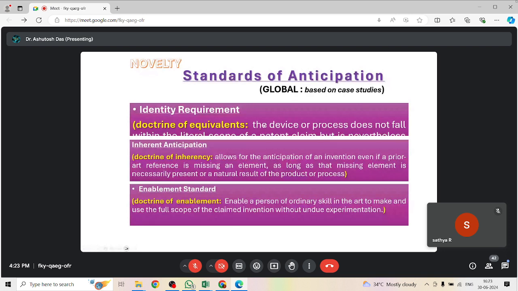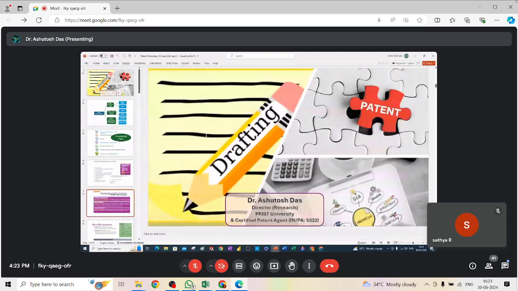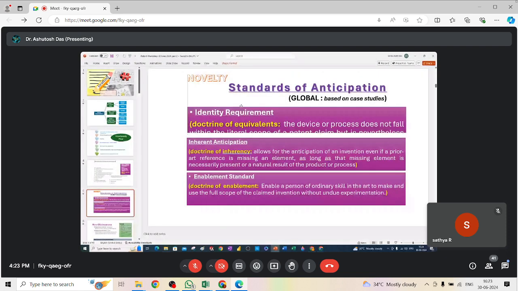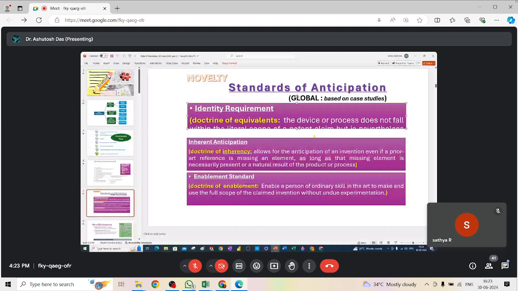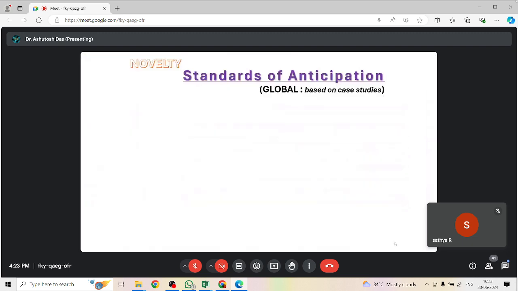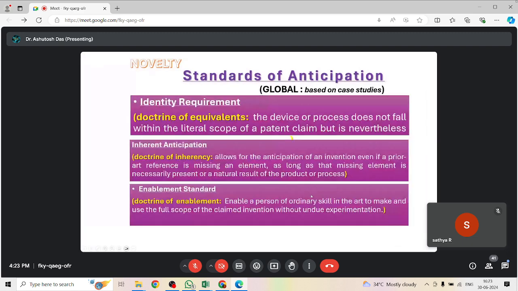The device or process does not fall within the literal scope of the patent claim, but is nevertheless the same. That means almost the same, but with one minute difference.